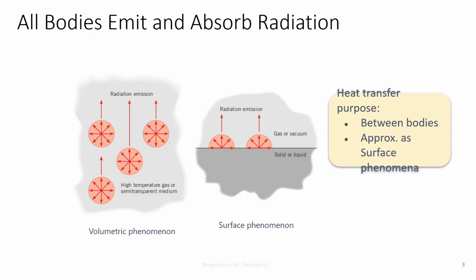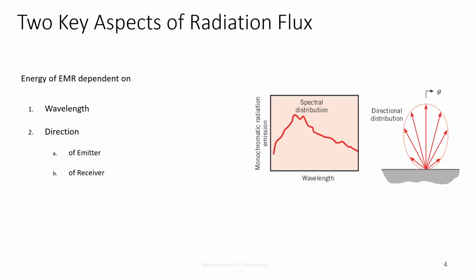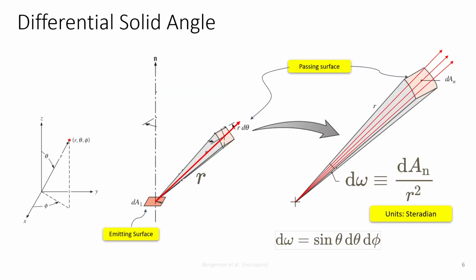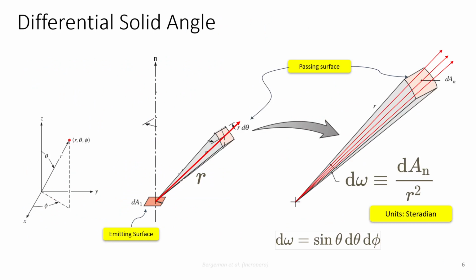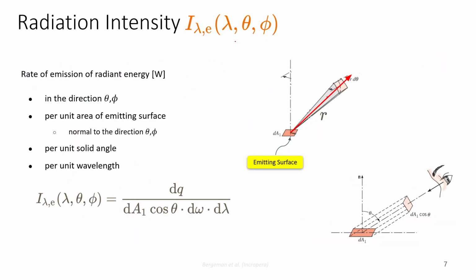In the previous class, we had covered the fundamentals of radiation. One thing we derived was the radiation intensity. Radiation intensity is dependent on the wavelength, theta and phi, where theta and phi are the directional components, or the angles at which the radiation is incident or radiates.